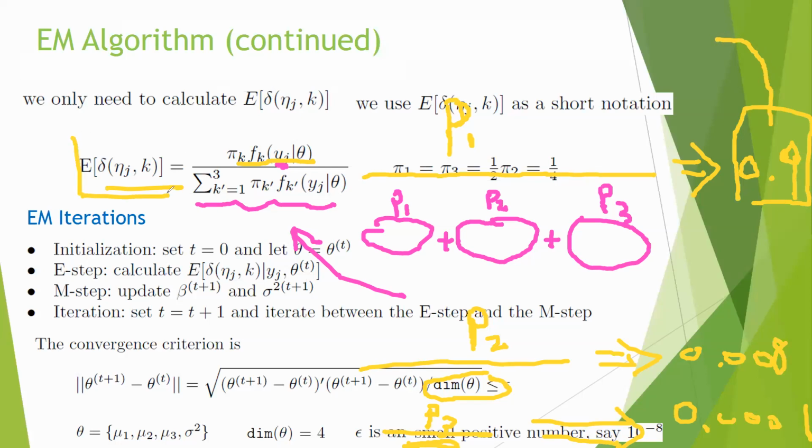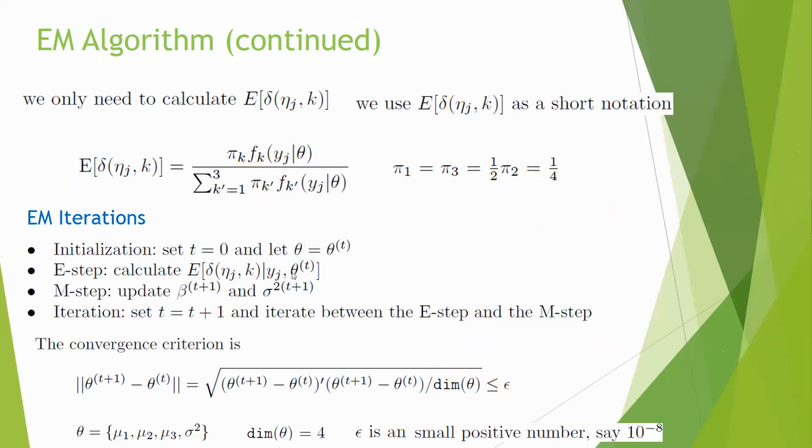So this is the expectation step. In the EM iteration, we first randomly or arbitrarily give initial values for all the parameters of interest here, like mu1, mu2, mu3, and sigma square. For each iterative step, we have 2 steps, the E step and the M step. The E step calculates this, and the M step uses the very nice closed form to get the solution for the parameters of interest.